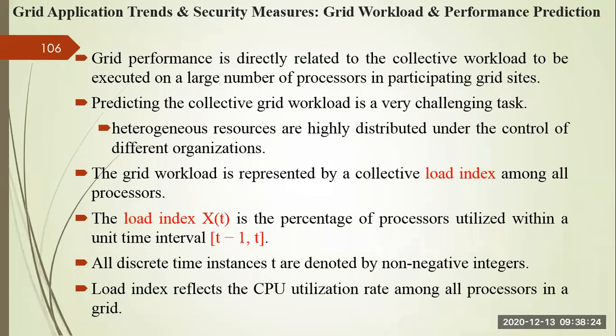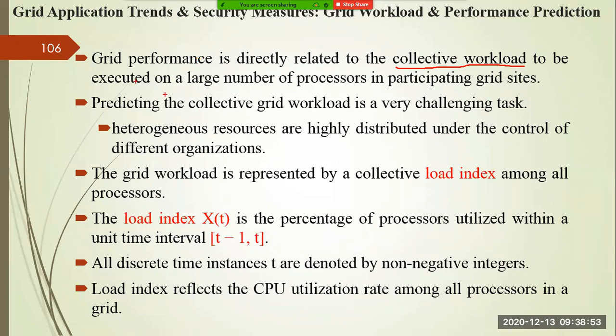Next, let us discuss for a couple of minutes grid workload and performance prediction. Grid performance is directly related to the collective load. If the number of computational resources is more, then you can get massive power to solve a computationally intensive problem. So grid performance is directly proportional to how many nodes are connected to the grid.